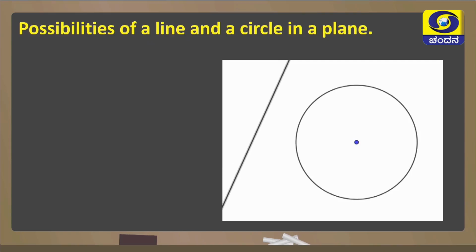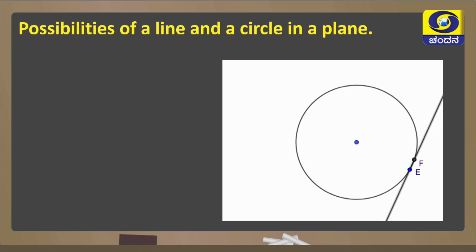Now, the line and the circle are not related. As the line is moving, it touches the circumference, and as it enters the interior region, it is intersecting the circle at two different points. Again, the distance between the intersecting points is decreasing and now it is touching the circumference.